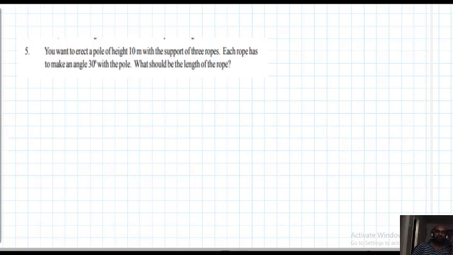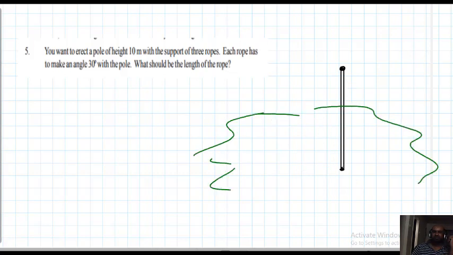Okay students, now I want to draw the diagram again. This is the pole. Actually you want to draw it linearly, but for my convenience I am using this as the pole. So this is the ground. Students, observe.